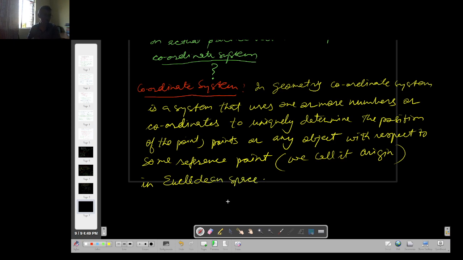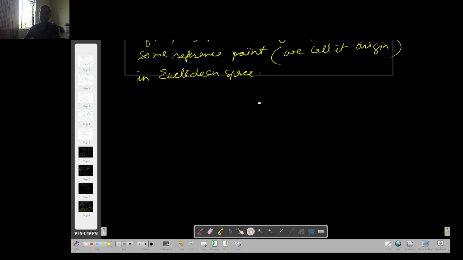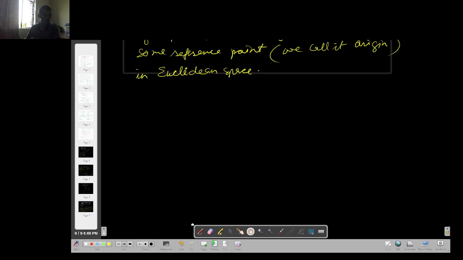This is the definition which I have taken from Wikipedia, and let me describe it now diagrammatically.